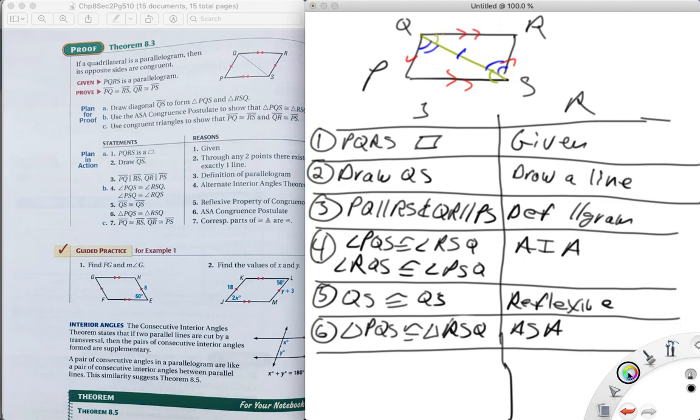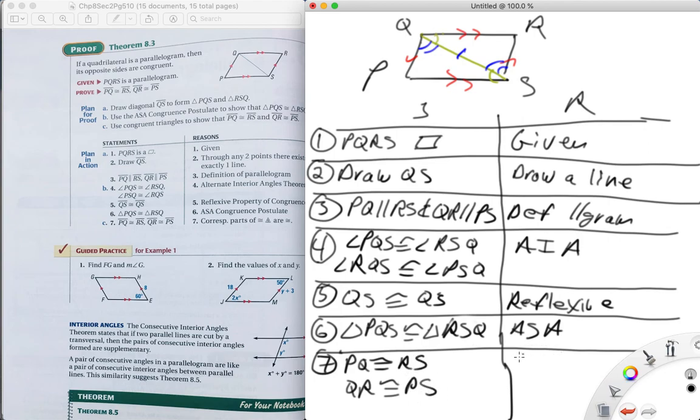So for 8.3, I can say that PQ is congruent to RS, and QR is congruent to PS.